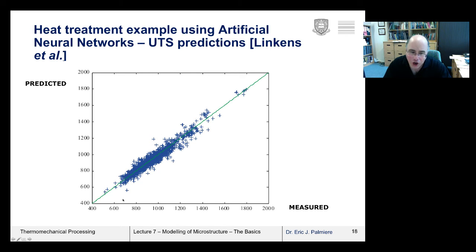We can be quite confident in the model between the boundaries of the data. The danger of using such a model is to extrapolate on one side or the other, because then you begin to get into danger.